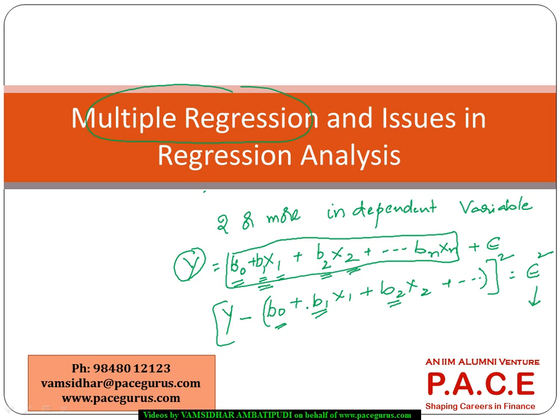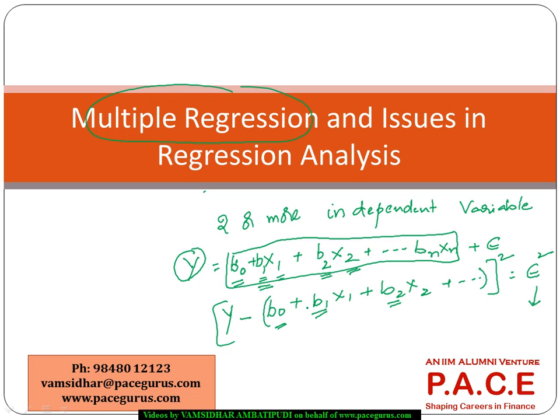So the way we execute it is more or less similar to that of a simple linear regression model itself. Specific tools like Excel can also generate the multiple regression analysis.